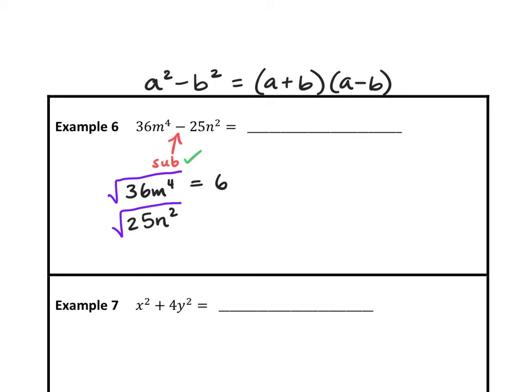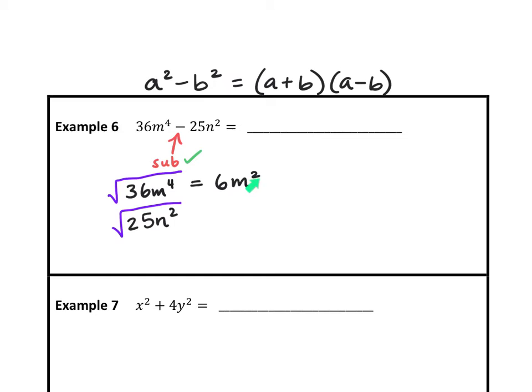That's going to give me m squared. So what the square root does is it divides the exponent in half. Okay, so if the exponent was 4, what's half of 4?